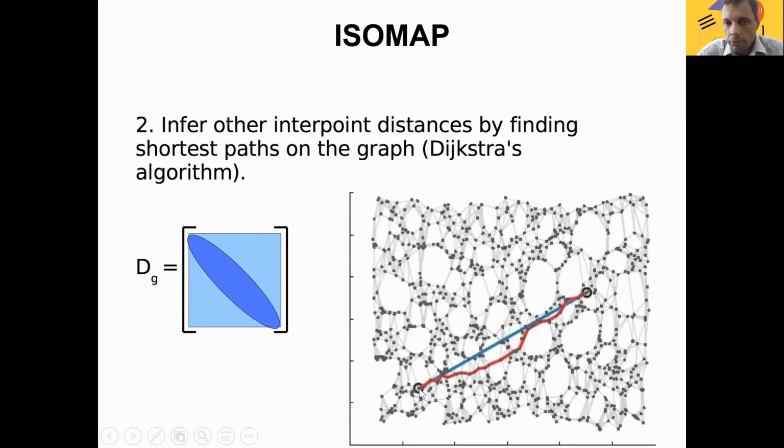It can be proved that if we calculate the distance as the shortest distance in the graph connecting points, then this distance can accurately approximate the distance along the manifold. Of course, the more points on the manifold we have, the better approximation we get. In practice, this is quite an intuitive result.